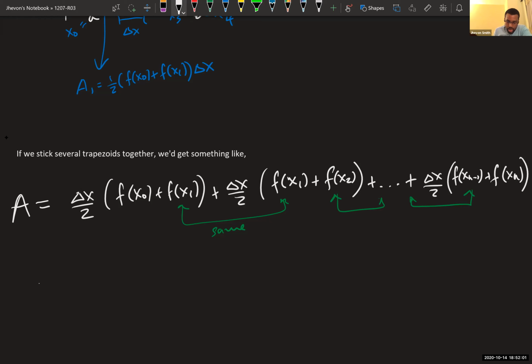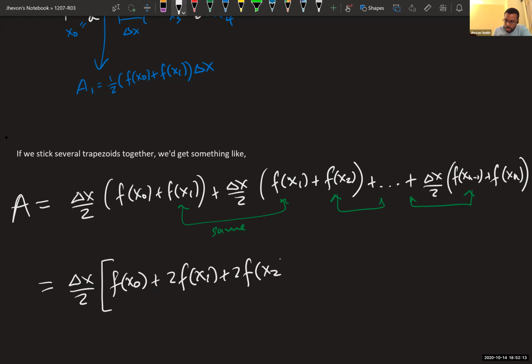So this can be thought of as delta x over 2 times f of x0 plus 2 times f of x1 plus 2 times f of x2 plus dot, dot, dot, and it goes all the way up to 2 times f of xn minus 1 plus f of xn.